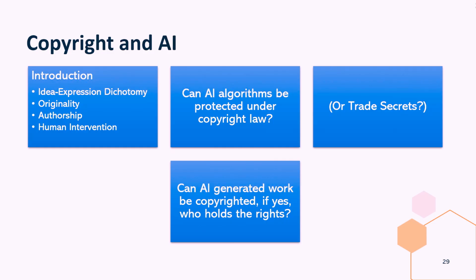Then copyright and AI. In the field of copyrights, we all know that copyright is given to literary, artistic, dramatic, musical or sound recordings, etc., or cinefilms as well. But when it comes to literary work, suppose AI assistance has been taken by some author in writing a literary piece, who will get the copyright protection?